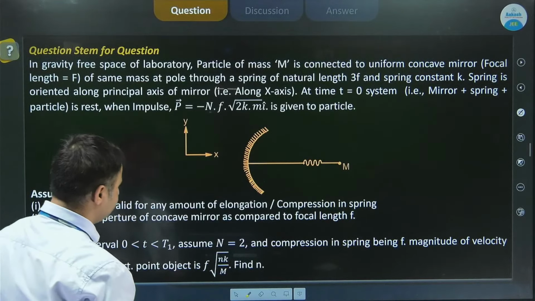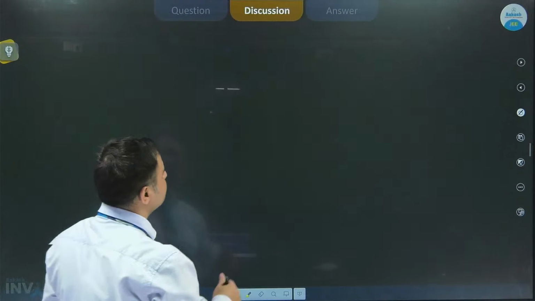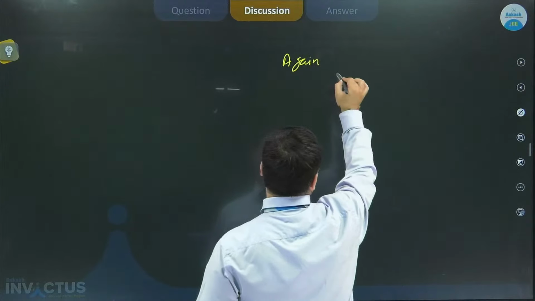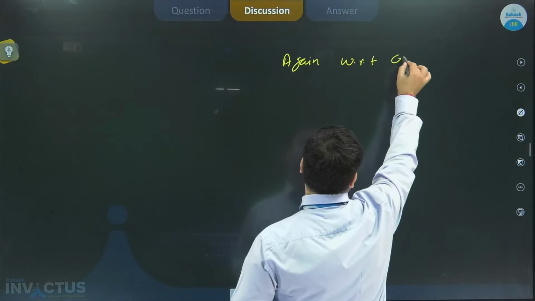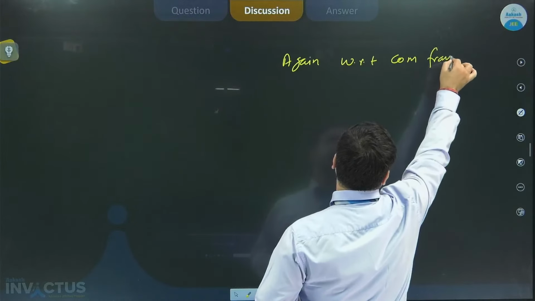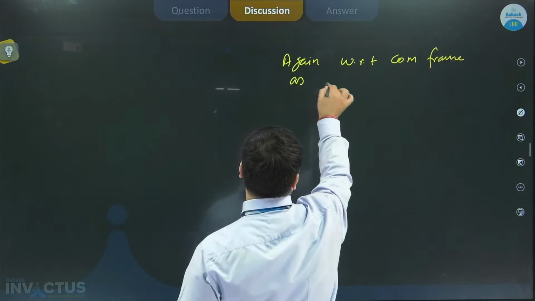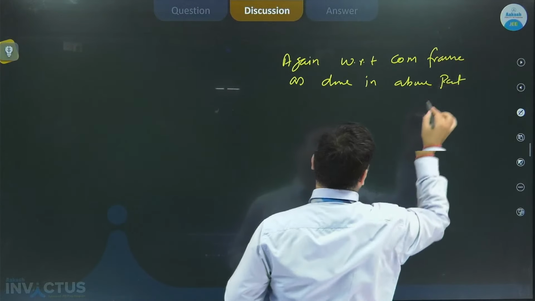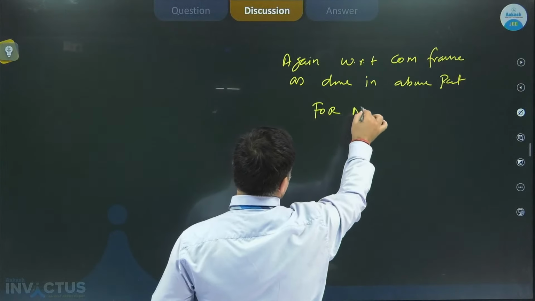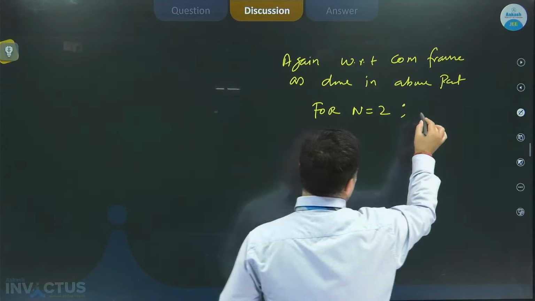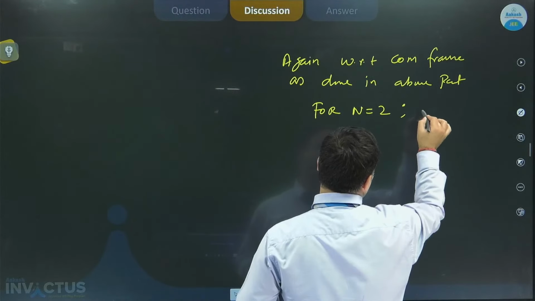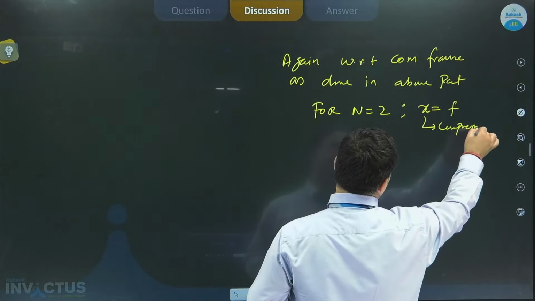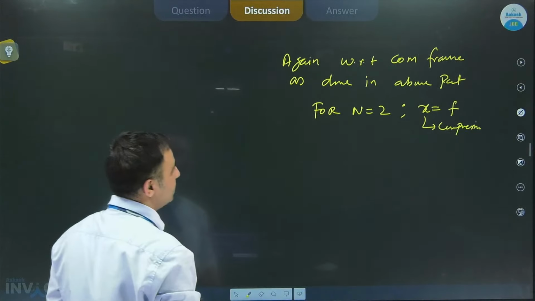For the second part, by similar analysis, again with respect to the COM frame, as done in the above part, for n equal to 2 and for compression x equal to F, where x is compression, we can find the relative velocity with respect to the center of mass.